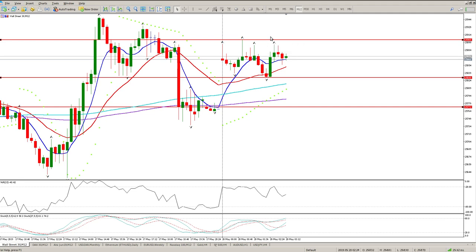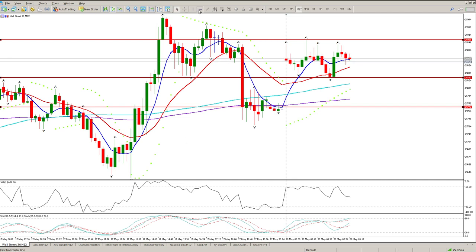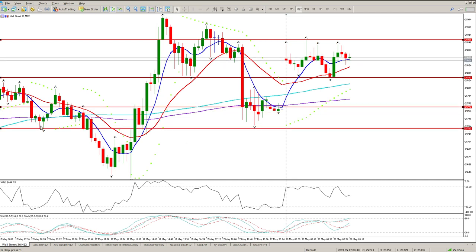It'll move quite rapidly to the next level. A break below here is also going to be fairly violent, but I would suspect we'd find some kind of support either in this area here or a little bit further down over there.